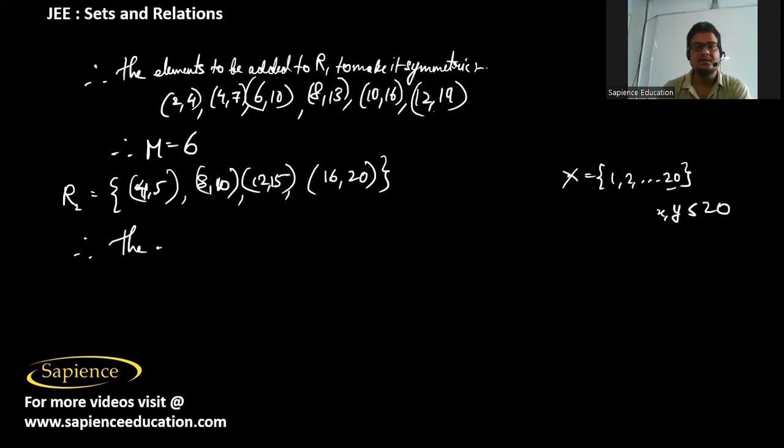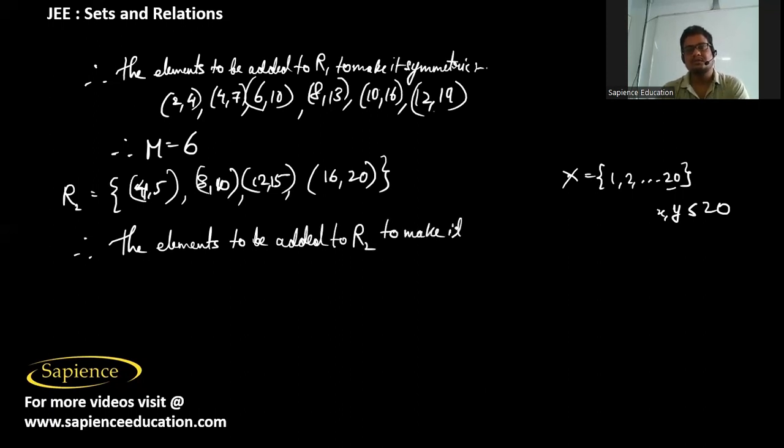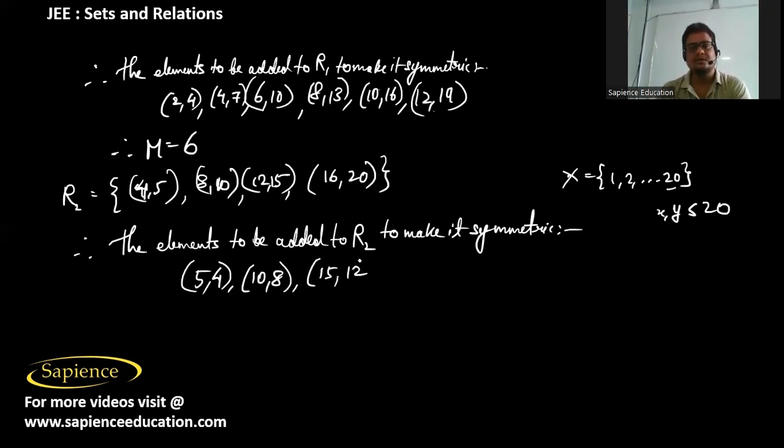So the elements that should be added to the relation R2 to make it symmetric are: we have to add (5, 4), (10, 8), (15, 12), and (20, 16) also. So 4 elements we have to add. So it means n will be equal to 4.